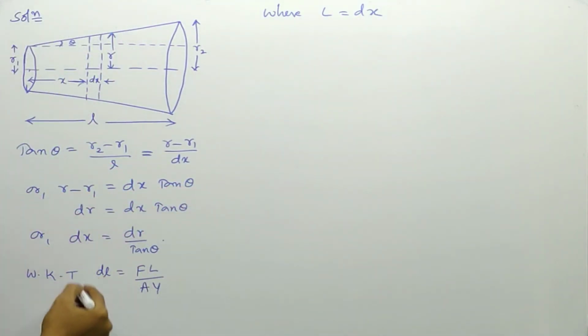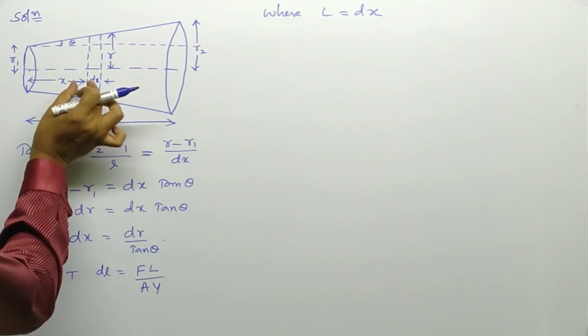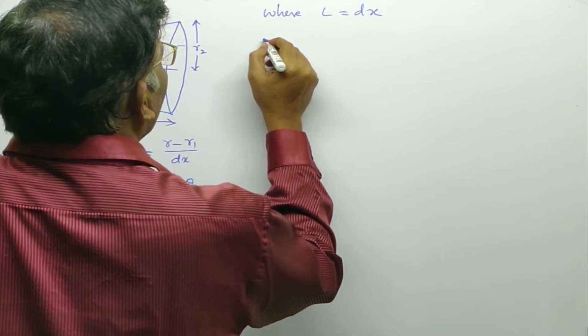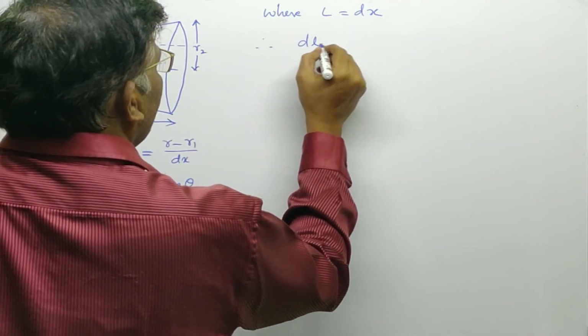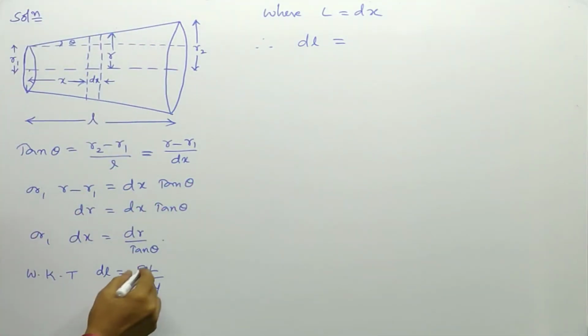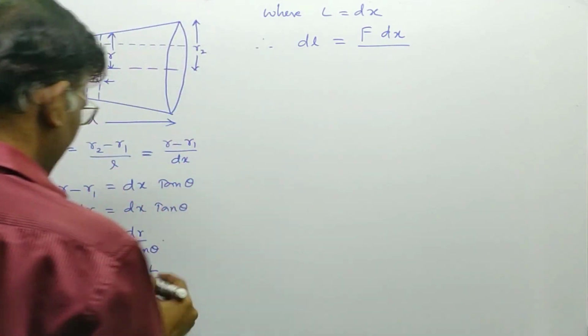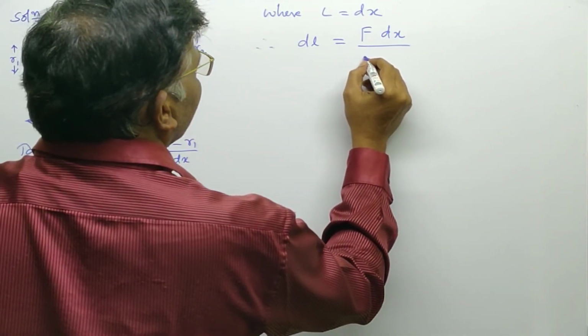Now we are calculating extension for a small element of length dx. So dl can be written as F into dx divided by A into Y.